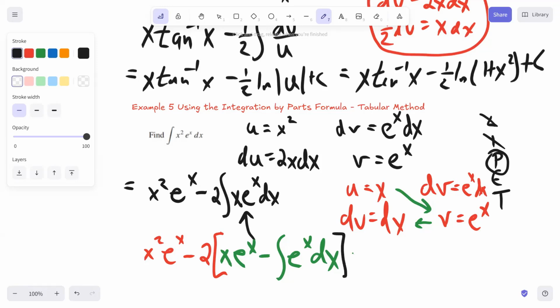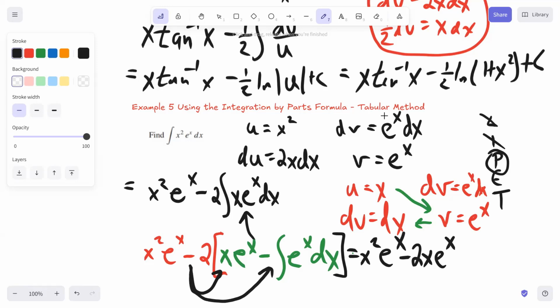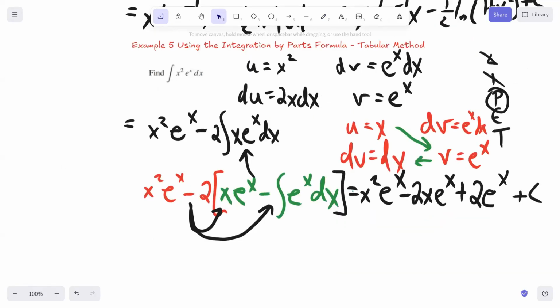Okay. So if I clean this all up, I would have x squared e to the x minus 2x e to the x, because I'm distributing this 2. And then the 2 is going to multiply into the next integral, which would be minus 2 times the integral, or plus 2 now, of e to the x, which the antiderivative of e to the x is e to the x plus c.